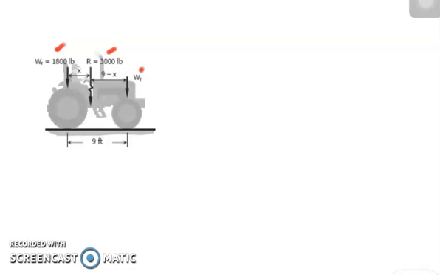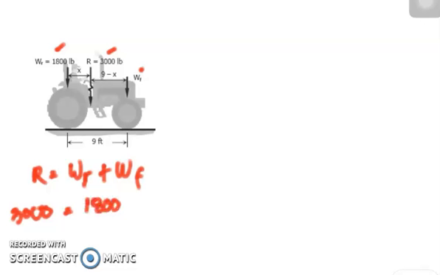So this is actually R is equal to W sub R plus W sub F. R is 3,000, so this is equal to our rear wheel, 1,800, plus our front wheel, which is unknown. So we can compute the front wheel, which is equivalent to 1,200 pounds.